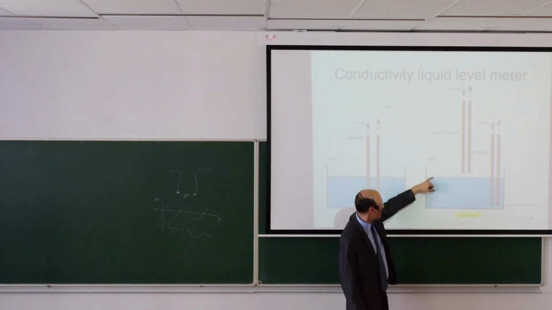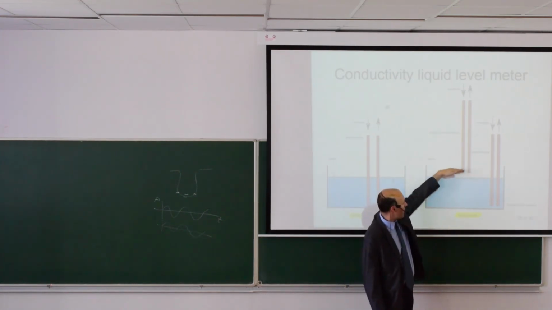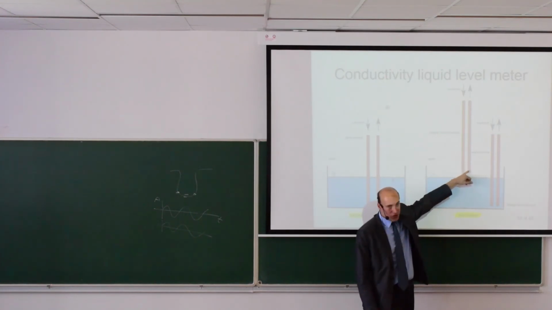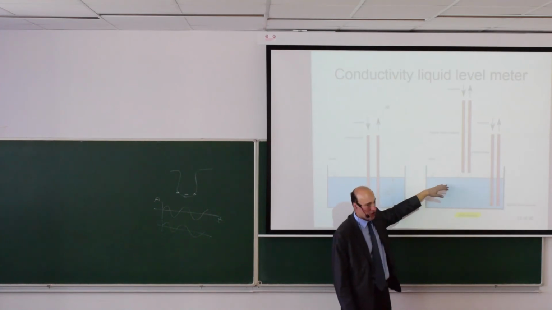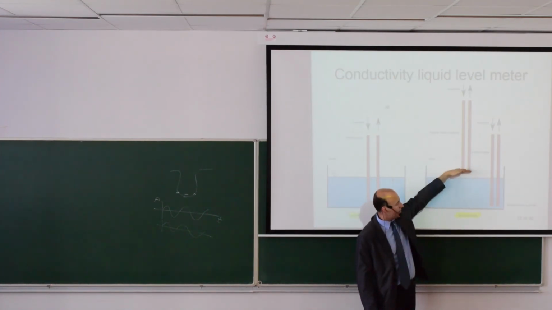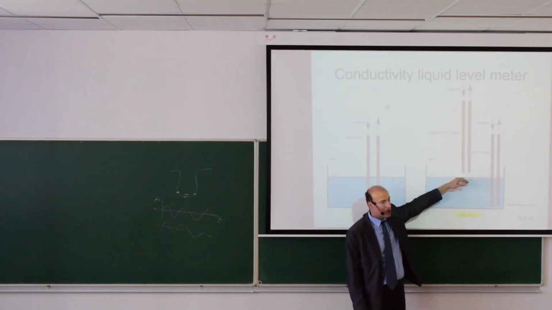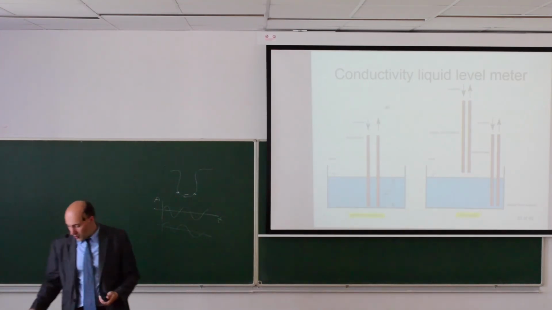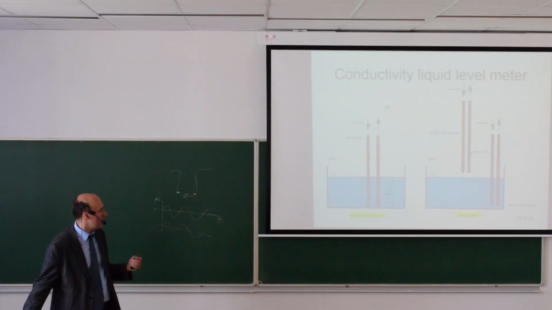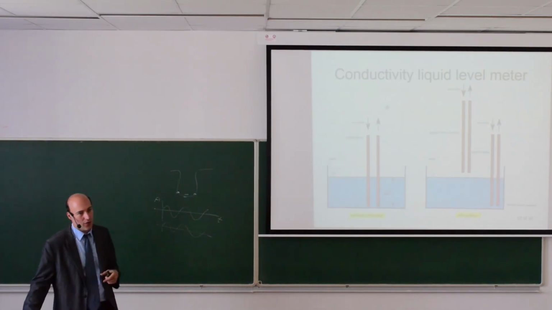And here, if the liquid level rises above these electrodes, it will connect them together and you have current, and you know that the liquid level is at least at this point. So you can install 2 or 3 point level sensors in the tank, and this allows you to get info about an empty or full tank.